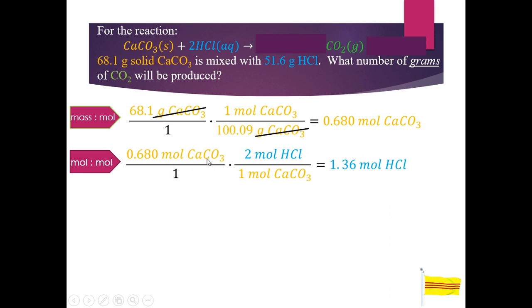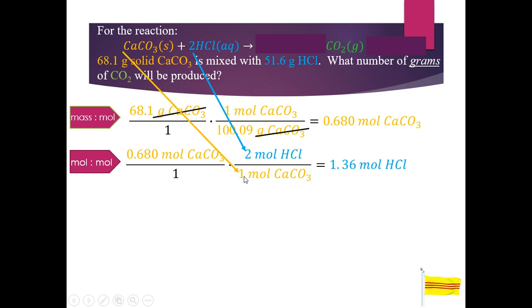So moles of calcium carbonate and then moles of hydrochloric acid, because those are the two reactants that we were given to start with. So moles of calcium carbonate is a 1. The coefficient comes from the balanced reaction there. There is no coefficient in front of calcium carbonate, so that is a 1. And then in front of hydrochloric acid for this particular reaction, the coefficient is a 2.